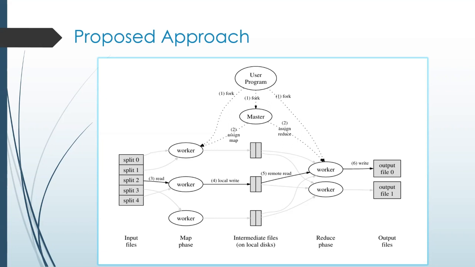So what do we do if there are bugs in the user code? Bugs in the user code are pretty normal, and the map or reduce function can crash on certain records.